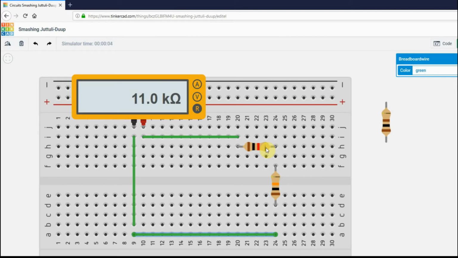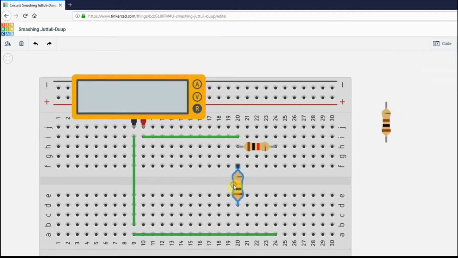Now the next question is, what happens if you put these in parallel, or right next to each other? Stop the simulation. Let's put this back over to here. Let's take this, go back and rotate it. Put it right next to it here.